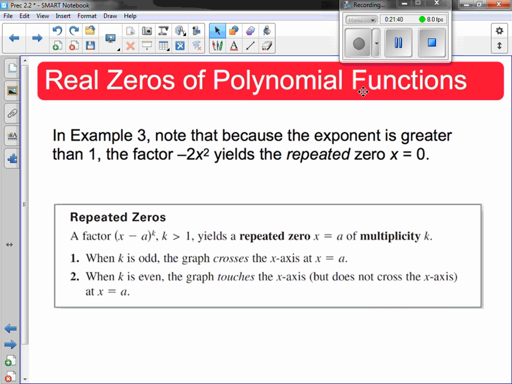Note that because the exponent is greater than 1, the factor negative 2x squared yields a repeated 0. A factor x minus a to the k, where k greater than 1, yields a repeated 0 with multiplicity of k. When k is odd, the graph crosses the x-axis. And when k is even, the graph touches the x-axis, but it does not cross it.